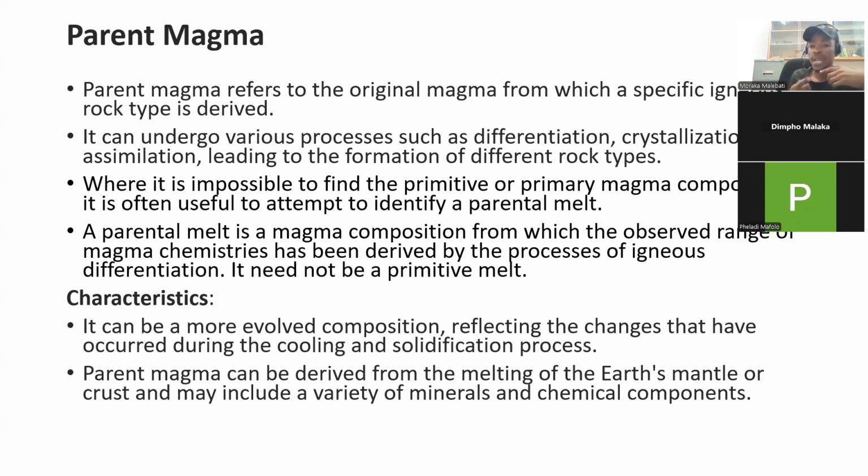It will be contaminated. That is also what you call magma mixing. Magma mixing also makes the chemical composition of the magma evolve. Parental magma can be derived from the melting of the earth's mantle or the crust and may include a variety of minerals and chemical components.